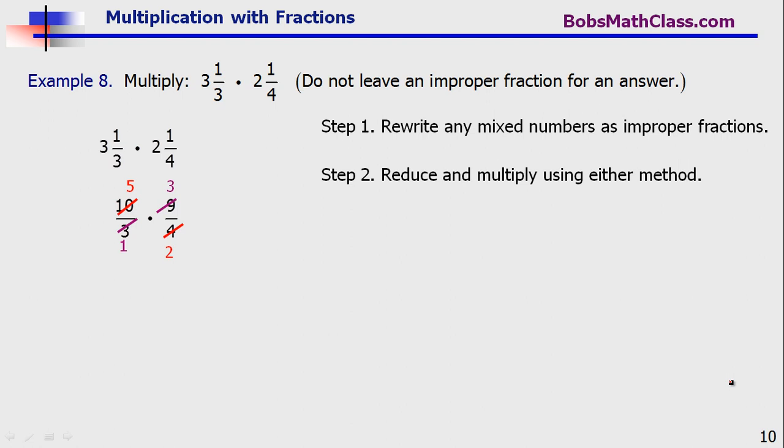Now we can multiply straight across. 15 over 2. So that's the answer, except that it said do not leave an improper fraction for an answer, and that is an improper fraction. So we're going to have to divide 2 into 15. 2 goes into 15 7 times with a remainder of 1. So it's 7 1/2.